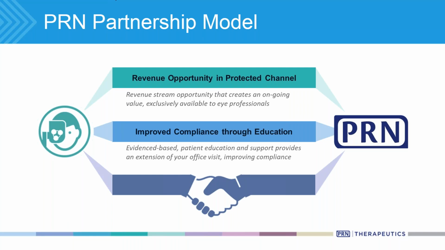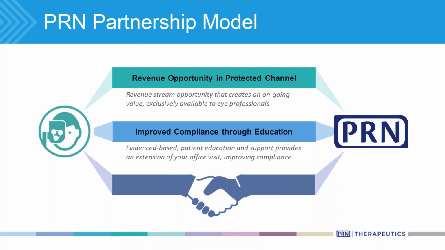And it's a unique program in which it's a revenue opportunity, as we mentioned on the screen, that's in a protected channel. What that means is that by recommending any of our products, whether it be New Retin or PRN's Dry Eye Omega Benefits or our macular products, these are products that are exclusive to you, meaning that you're not going to find these products over the counter without our authorization. They can only be recommended or sold by you.